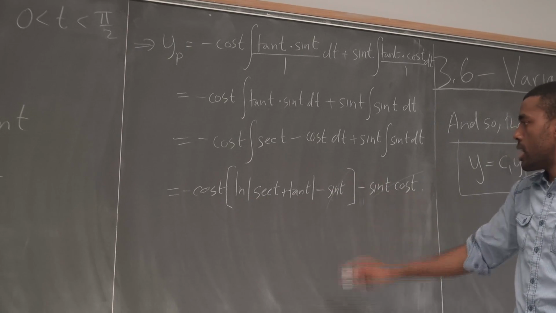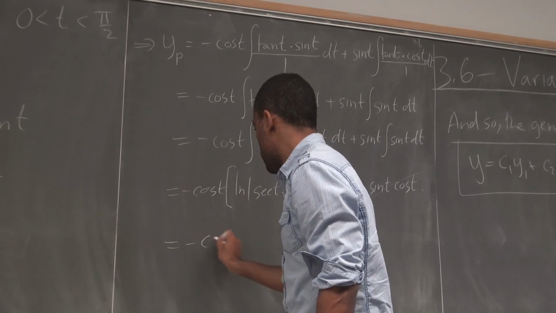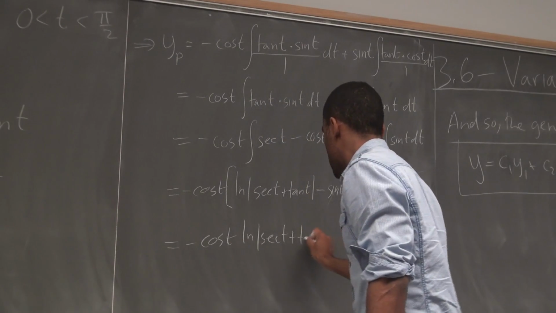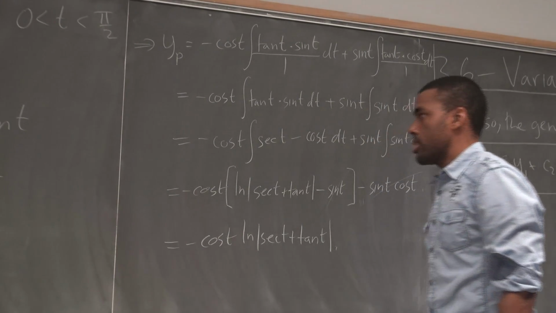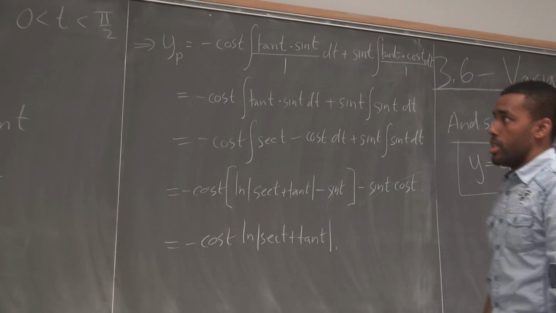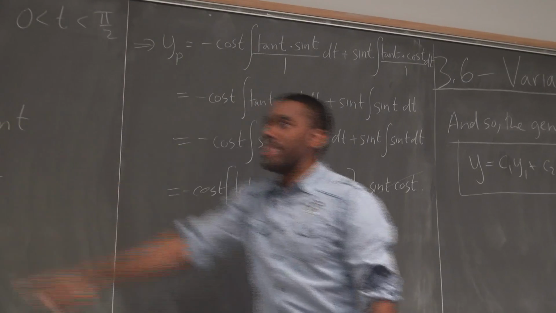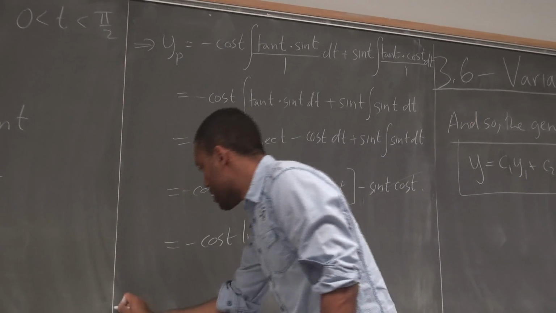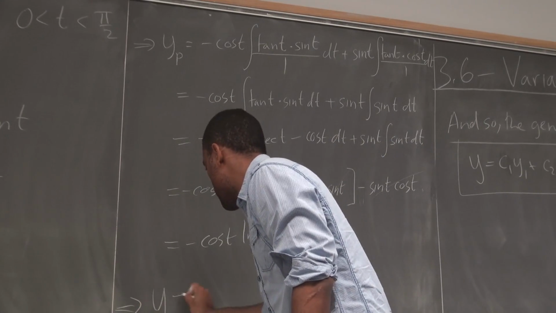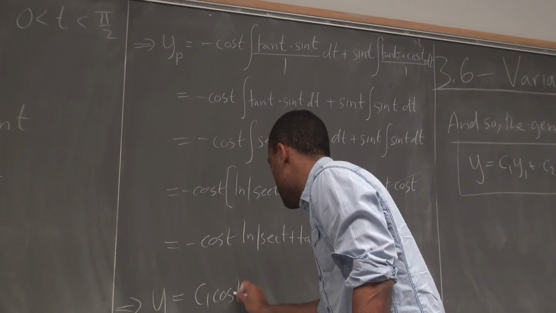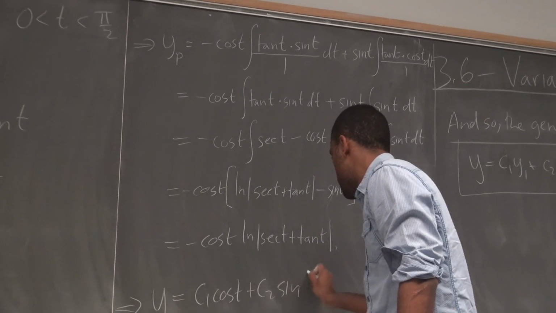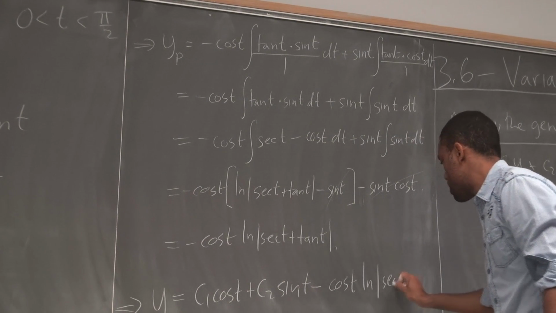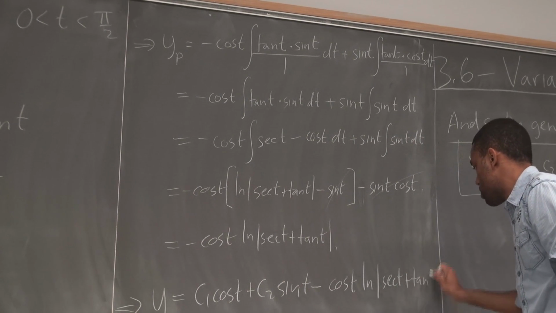So these terms are going to die, and we are going to end up with minus cosine t ln of secant t plus tangent t. Now, given this, who would have guessed that the particular solution has this form? But then we're done. The general solution is C1 cosine t plus C2 sine t minus cosine t times ln of secant t plus tangent t.